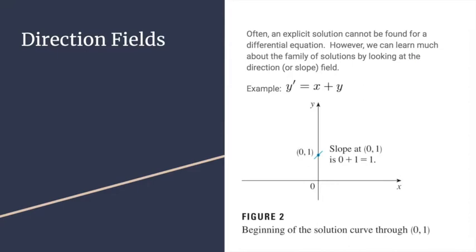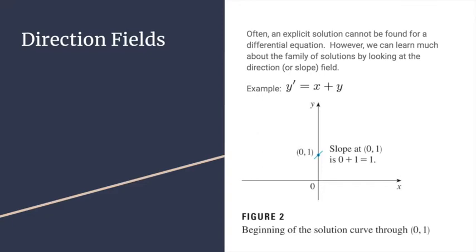If we were trying to get a picture for the entire differential equation, we would pick many points on the plane and sketch these little short line segments that indicate the slope. This little blue line that you see there is supposed to have a slope of 1. It's hard to verify that because there's only one point labeled on the entire graph, but the slope of that line is supposed to be 1.